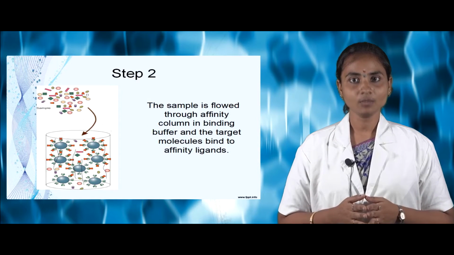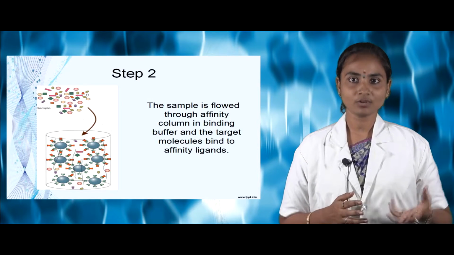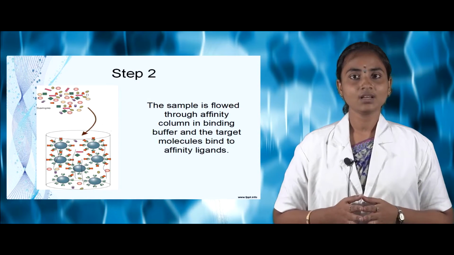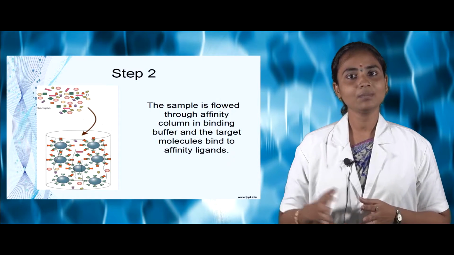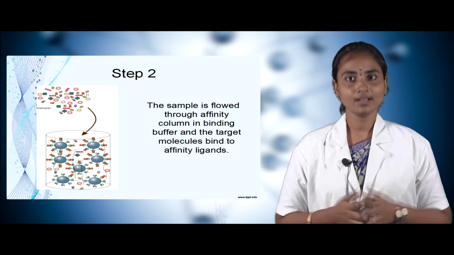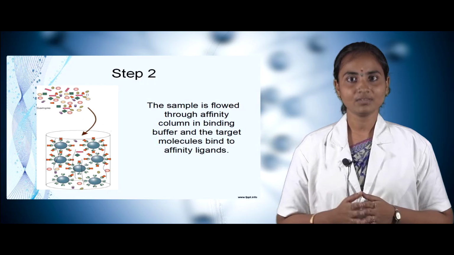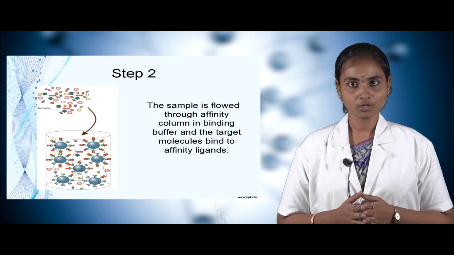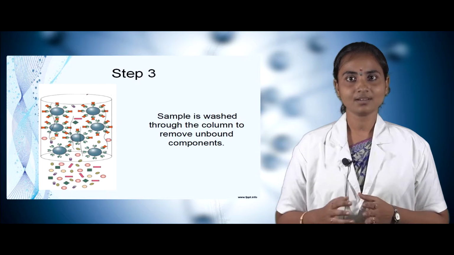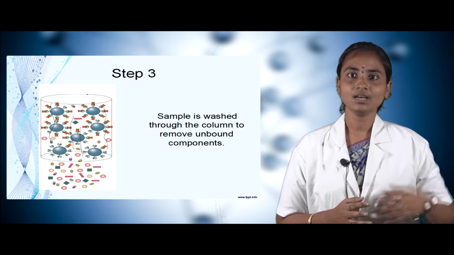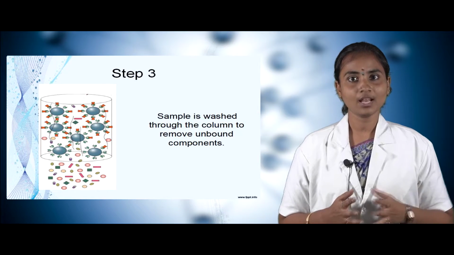Once the ligand-matrix interaction is set, we pour it into the elution column, where it makes a perfect interaction with the bead surface and the gel. After that, we prepare a sample solution containing the protein to be isolated and pour it into the elution column.